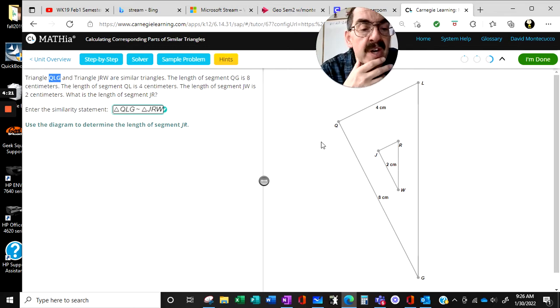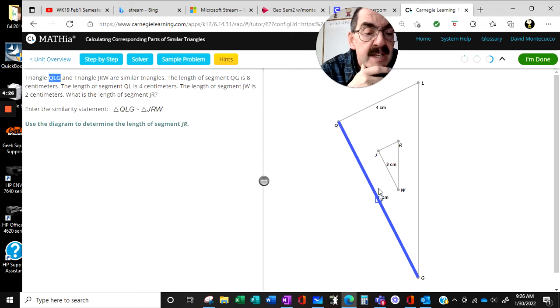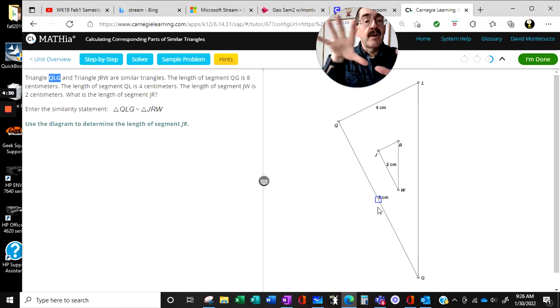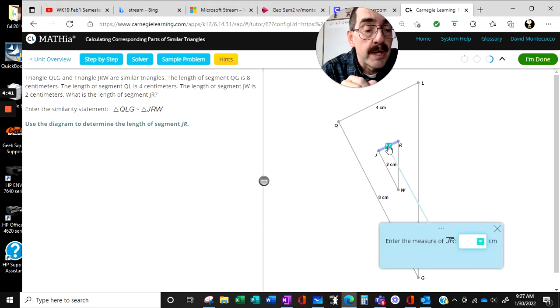Okay, now we want to find JR. 8 shrinks to a 2. What's the scale factor from 8 to 2? 4. 2 times 4 is 8. Alright? So if it's a 4-to-1 ratio and this was a 4, this has to be a 1. Okay? And we have a solver if we need it.